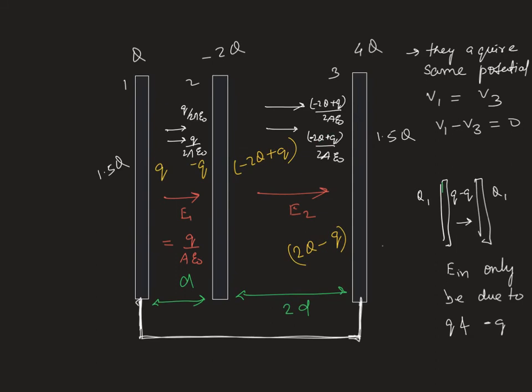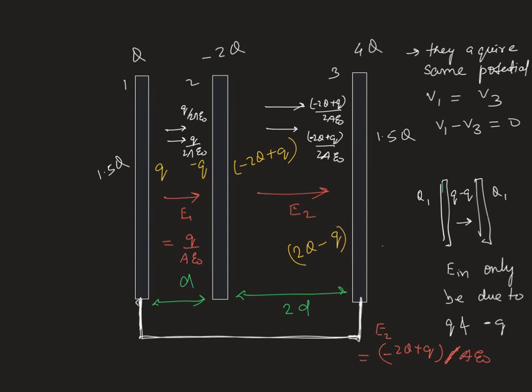So what is E2 going to be? The E2 is going to be minus 2q plus q. Let me write this outside, the best way. The field E2 is going to be minus 2q plus q upon a epsilon naught.